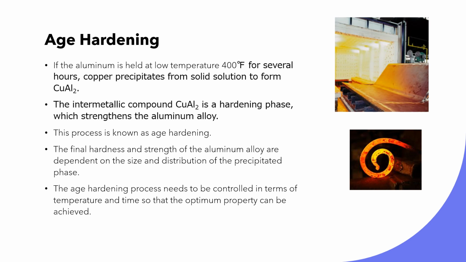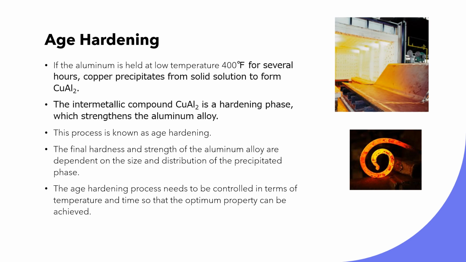So the entire process is called age hardening. Heat it to 400 degrees Fahrenheit for several hours. You will get copper precipitates, and it's going to form CuAl2.